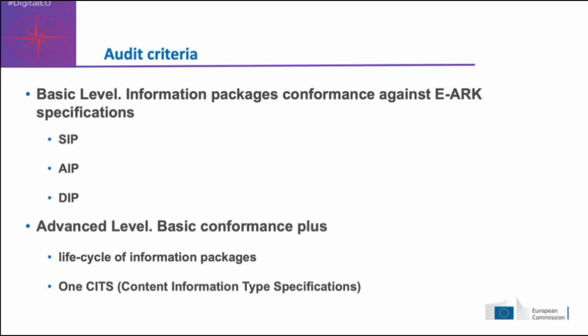And then there are the content information type specifications, for example for databases, geodata or health content types. They also have their corresponding requirements that we can check against. Fulfilling these requirements would then be the advanced level, so a conformance plus.